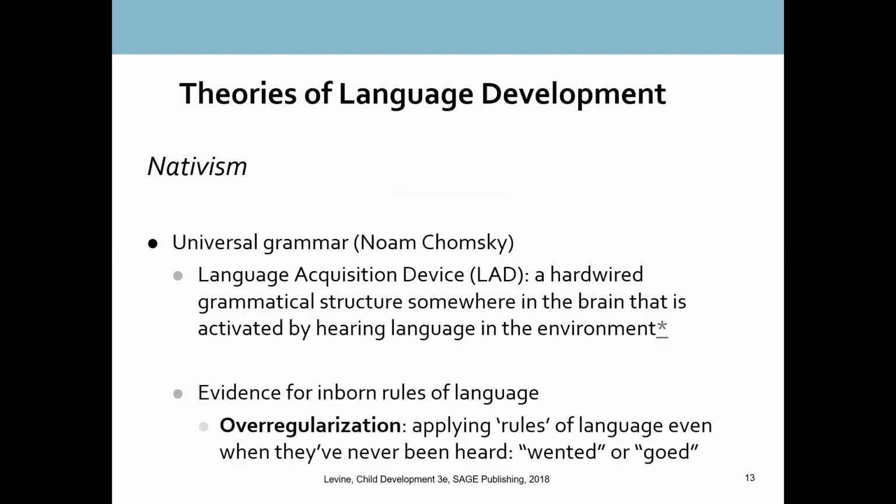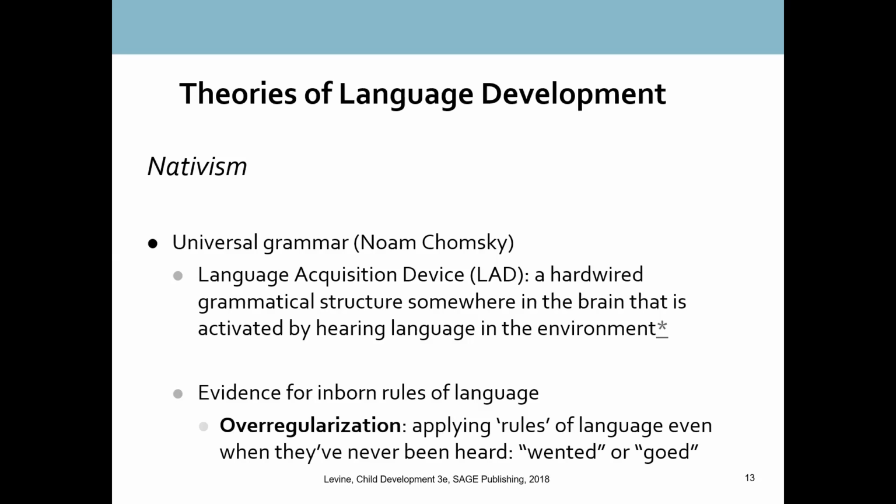But what this universal grammar was pointing out was that those processes proposed by the behaviorists and the social cognitive theorists are not enough to explain language. They do not explain over-regularization. They do not explain that children invent their own words. And this idea of a built-in mechanism in our brains helps to explain it a little bit better.